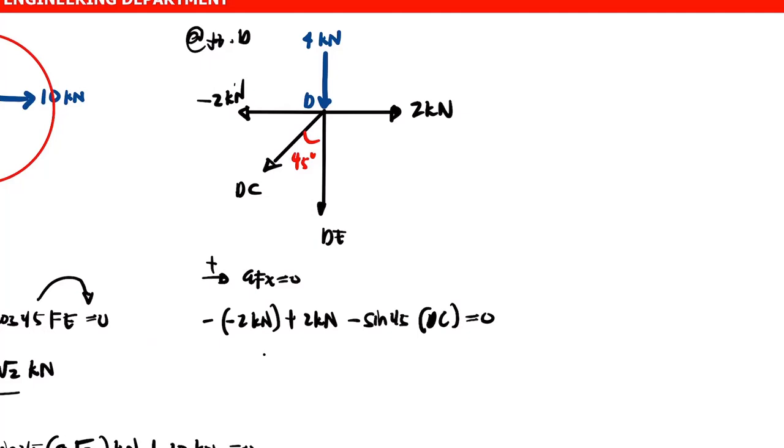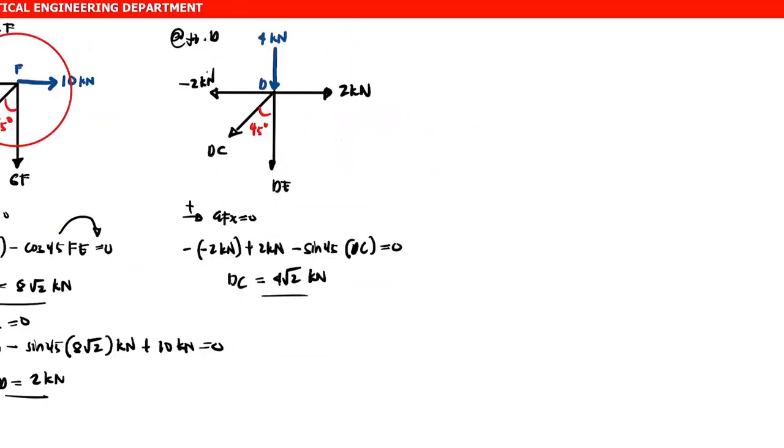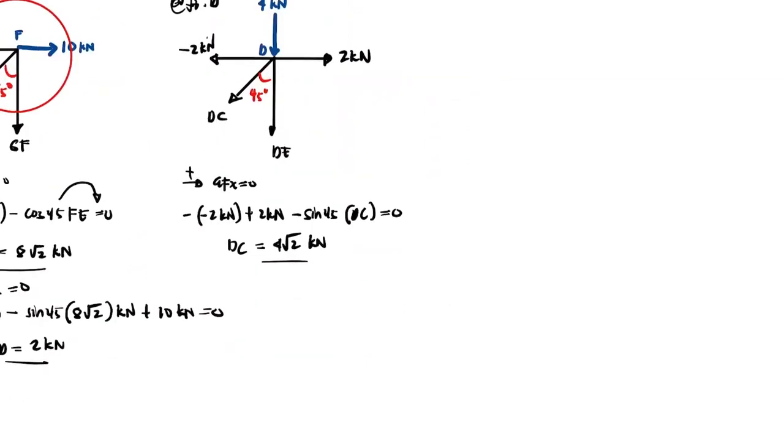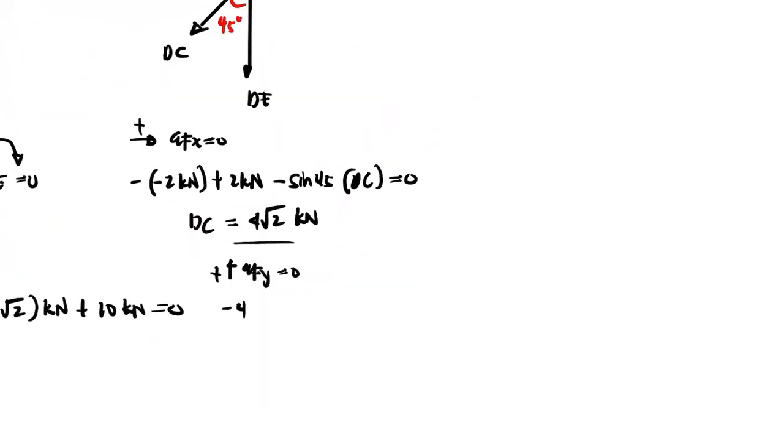And lipat natin sa kabila, magiging positive. DC is 4 square root of 2 kN. Okay? Next naman is summation forces Y. Okay? So, summation forces Y is equal to 0. Going up is positive. We have negative 4 kN.